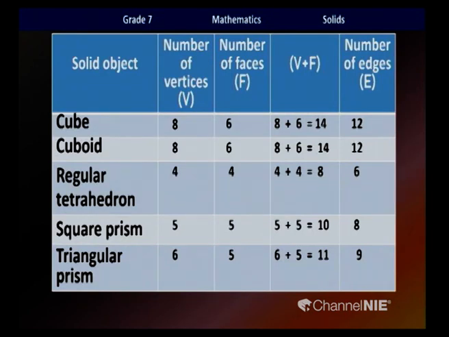Right. In my 4th column, we have to add the number of vertices and faces, and write the sum of it. Then I am going to compare my 4th column and the 5th column, to construct a relationship between the number of vertices, faces and edges of the solids.